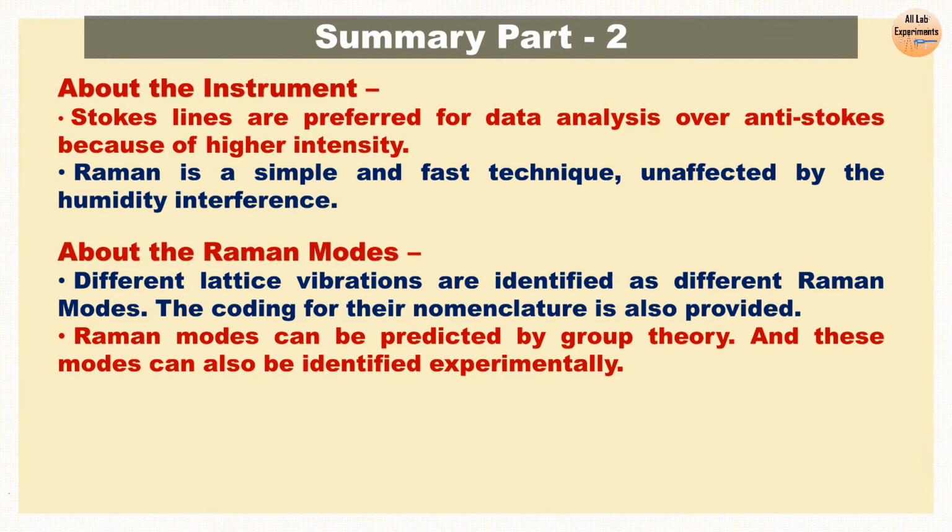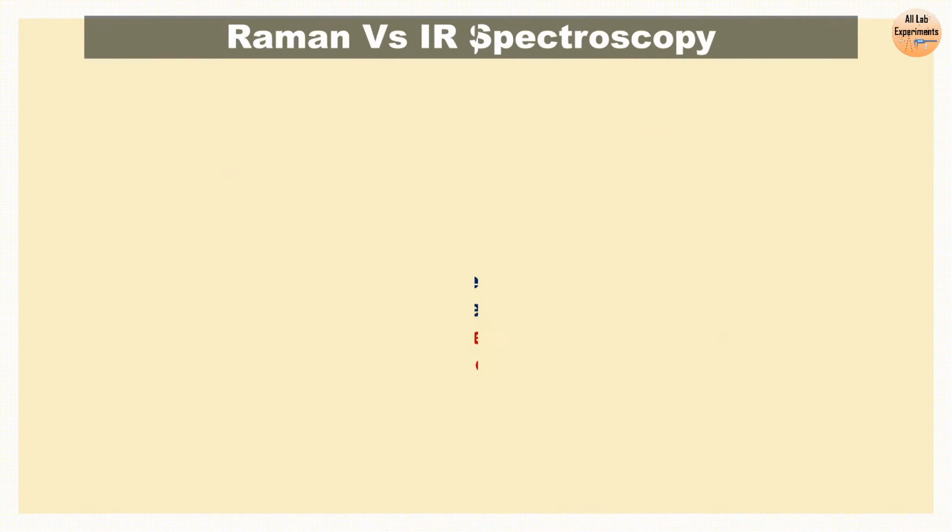As we have discussed, Raman spectroscopy is basically the difference of vibrational energy levels during excitation and de-excitation, and IR spectroscopy is similar because it also deals with vibrational energy levels. But what is the overall difference between them? To understand this, let's first discuss what IR spectroscopy is.